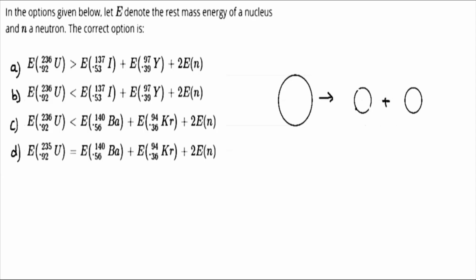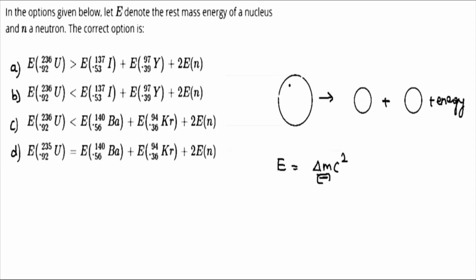Since it is a fission process, there would be energy released. By Einstein's relation, the energy generated is equal to delta m c square, where delta m is the mass defect between the reactant and the product. This would not be zero, so the higher the mass defect, the greater the energy.